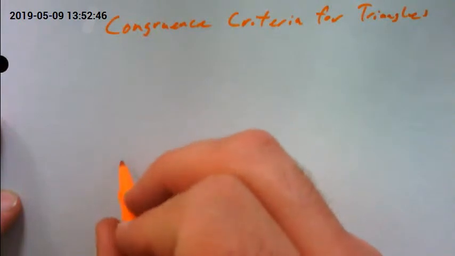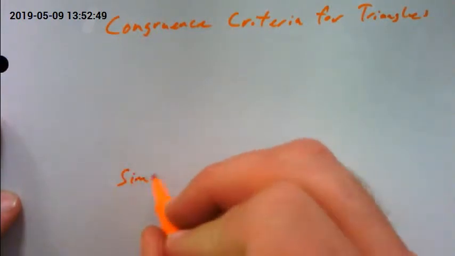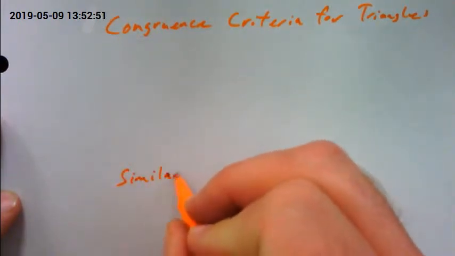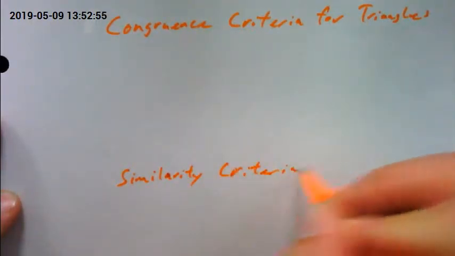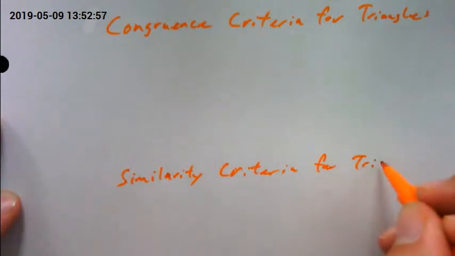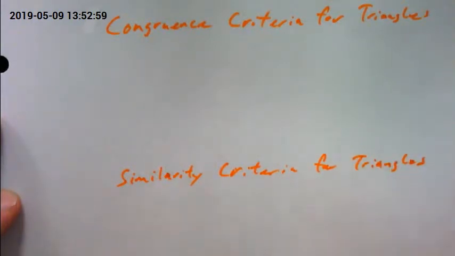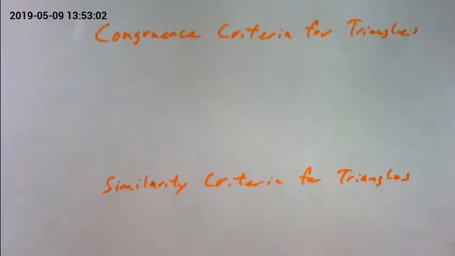And then there's also similarity criteria for triangles. Now, for congruency criteria, there were a total of 5 different congruency criteria that you had to know worked to say that triangles were congruent.